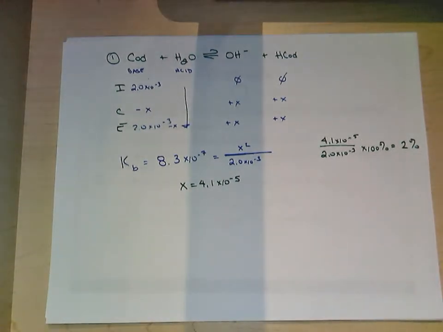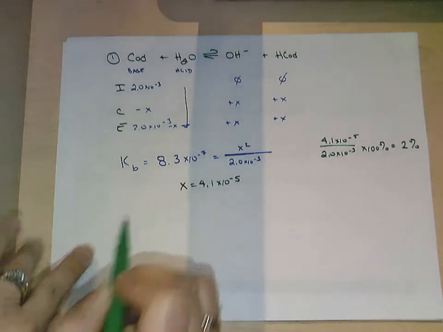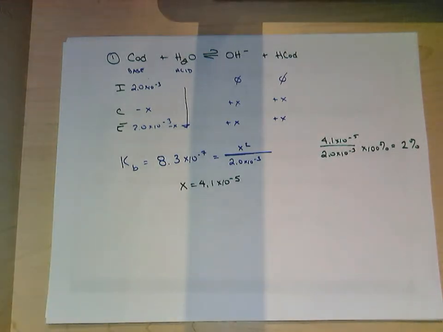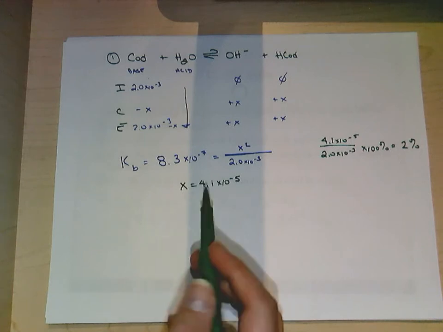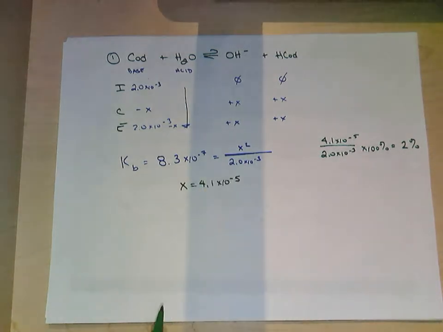Okay. So now I want to find pH. Do I have anything to help me find pH right now? Yeah, you have the OH. Right? x is telling me OH minus. So I can figure out the pOH.